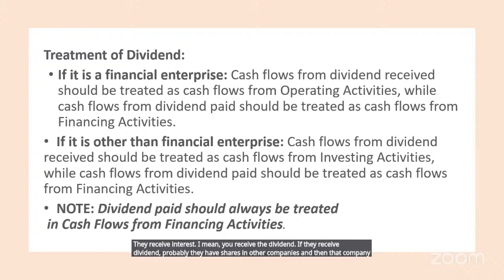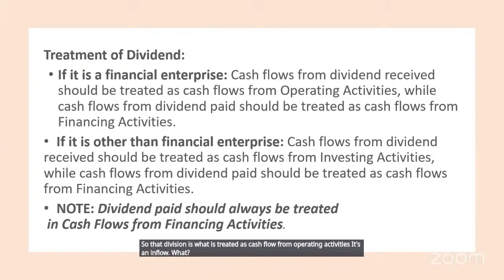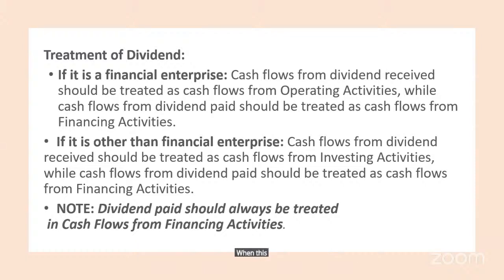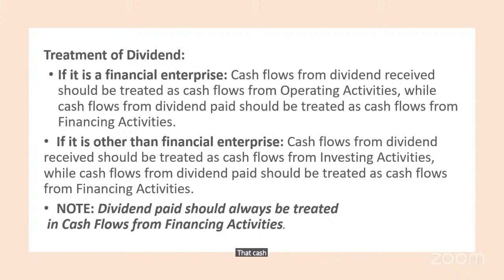That dividend is treated as cash flow from operating activities. It's an inflow. But when these businesses pay dividend to their shareholders, that cash flow is treated as financing activities.